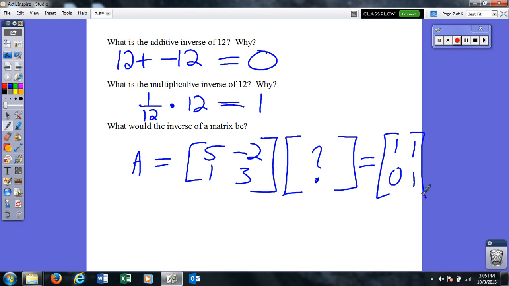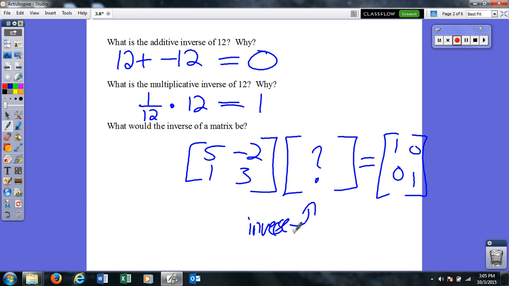Oh, whoops, that should have zeros here and here. So we take matrix A, 5, negative 2, 1, 3, multiply it by something, and we get the identity.